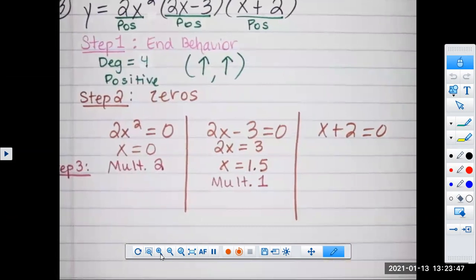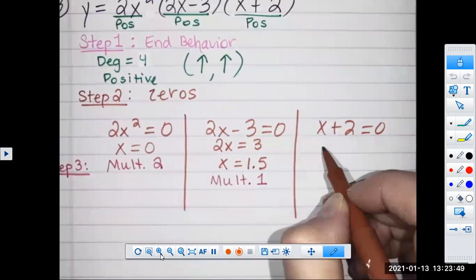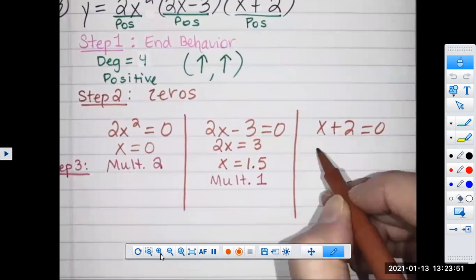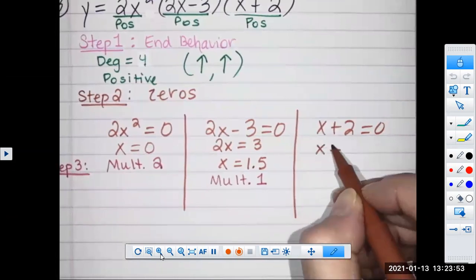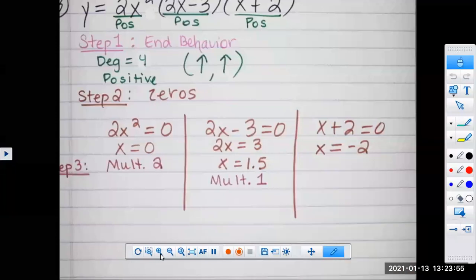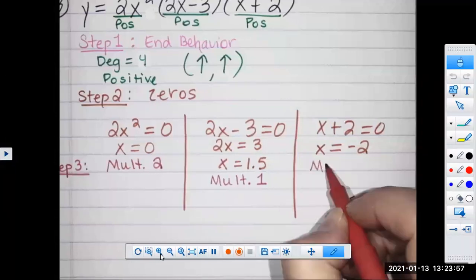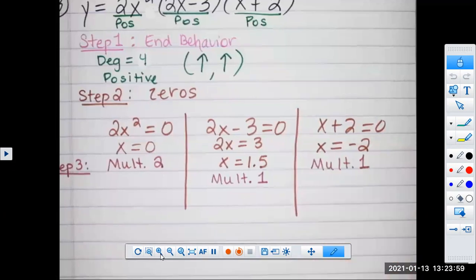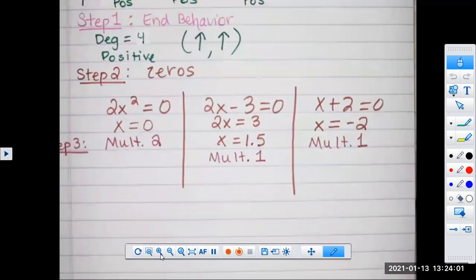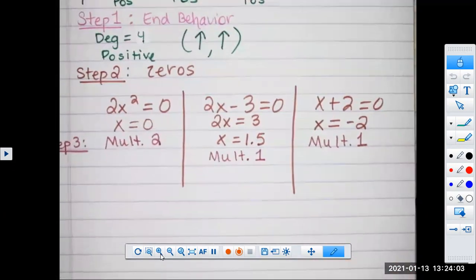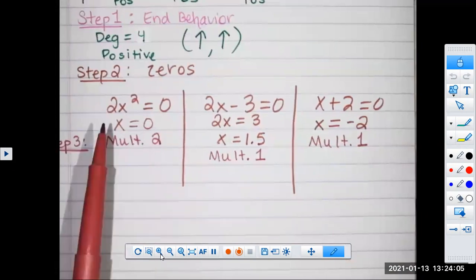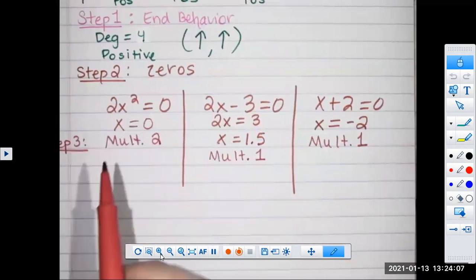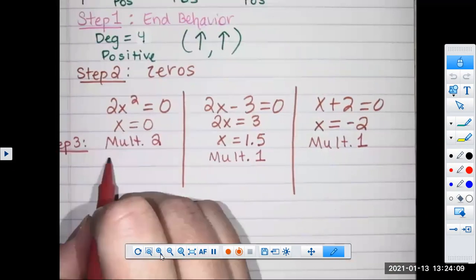What is your last x-intercept? -2. What's its multiplicity? 1. Okay, so in this case, we have 3 x-intercepts. Your graph at 0 should be doing what?